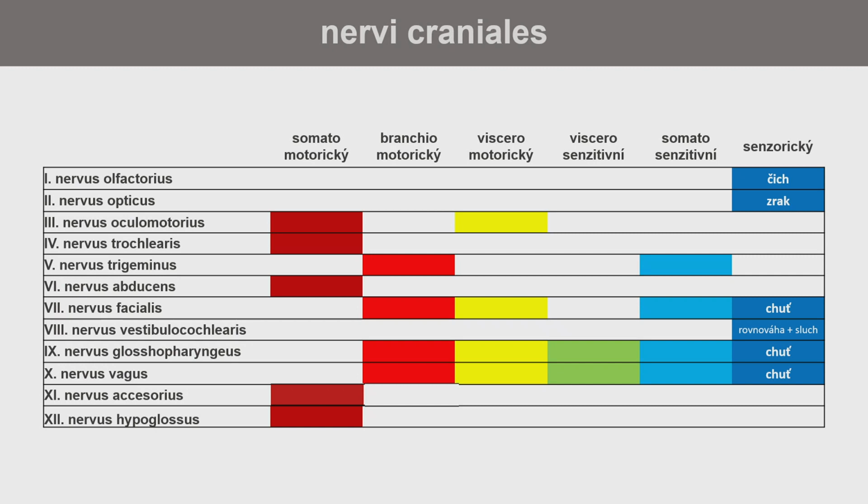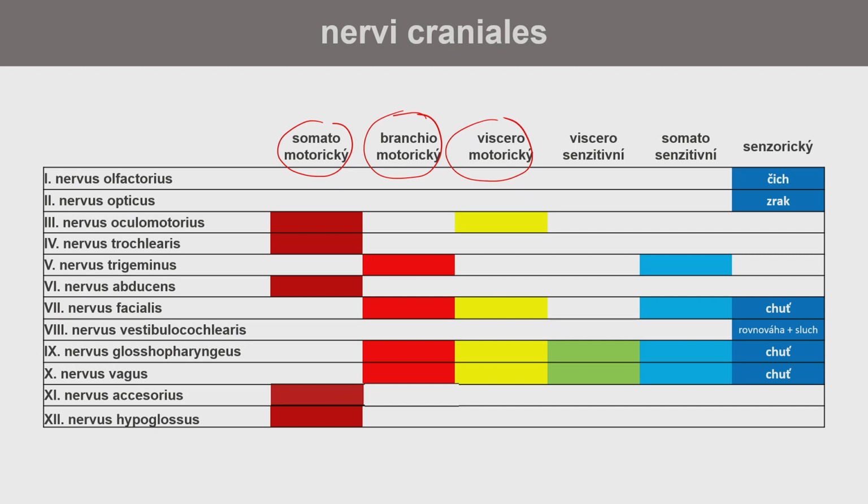Those cranial nerves could have motor and sensory functions, but we can divide them into somatomotor, branchiomotor, and visceromotor, so 3 kinds of motor. Somato- and branchiomotor innervate striated muscles, and visceromotor innervates smooth muscles and glands.